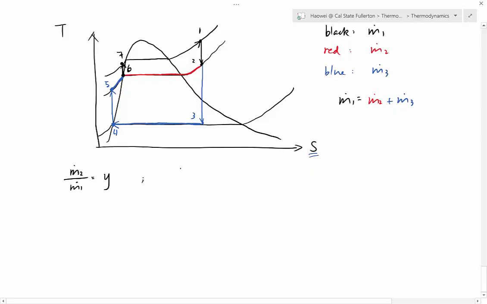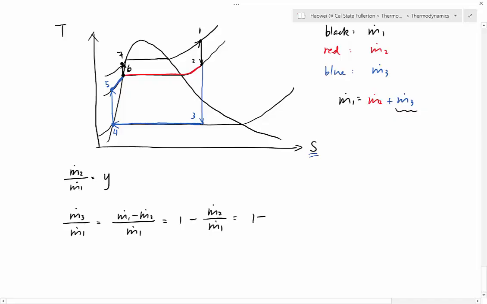So what will be m dot 3 over m dot 1? First of all, we can rewrite m dot 3. m dot 3 can be rewritten as m dot 1 minus m dot 2, over m dot 1. So this expression becomes 1 minus m dot 2 over m dot 1.